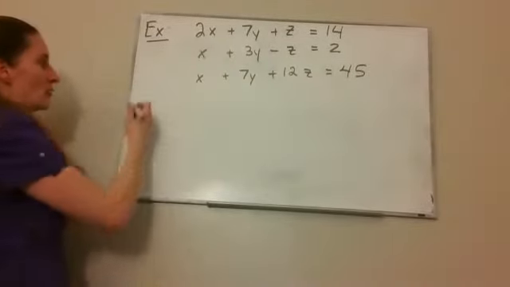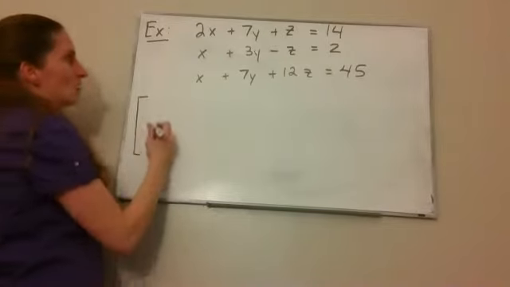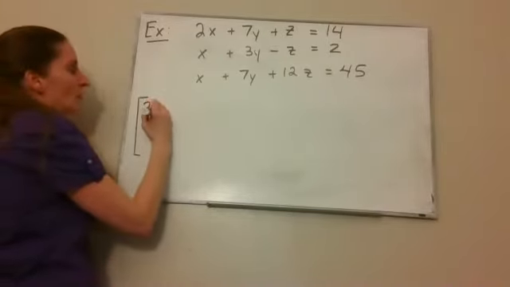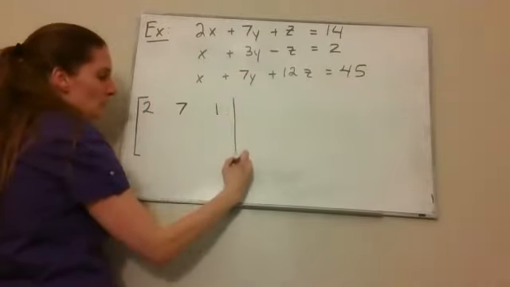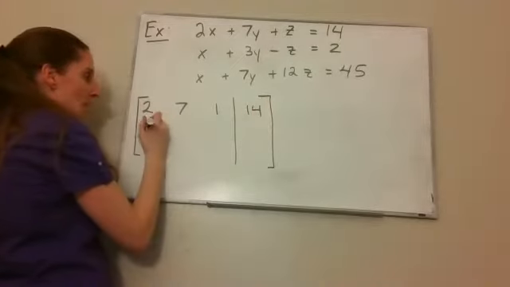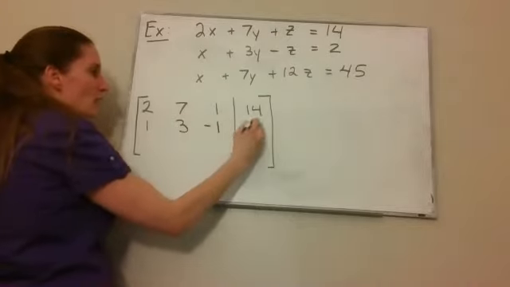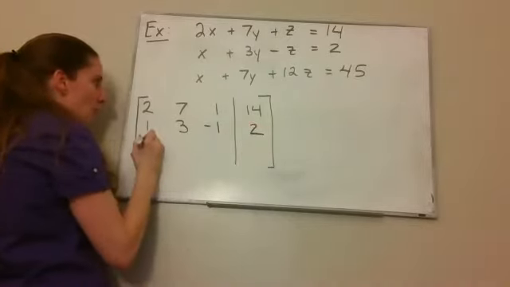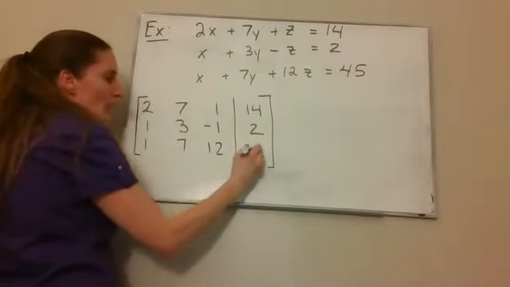So the first thing that we want to do is write this as a matrix. To do that, you just fill in the coefficients. I have 2, 7, 1, 14. And then I have 1, 3, negative 1, 2, 1, 7, 12, and 45.